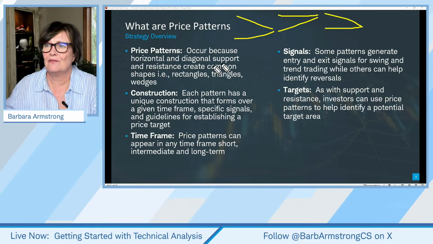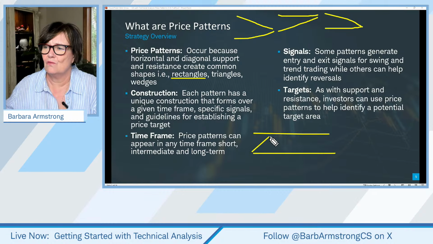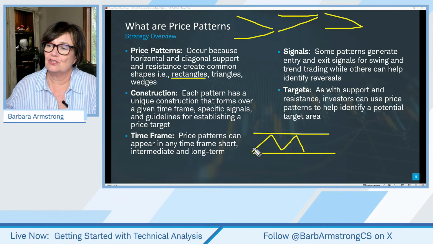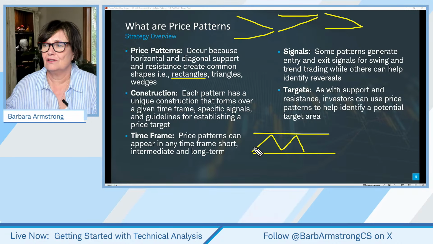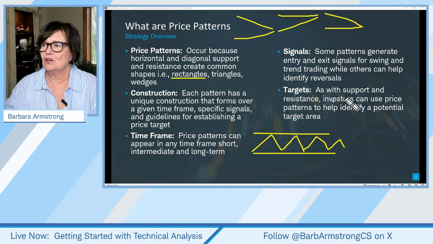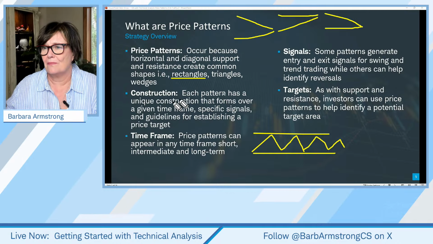So we talked about that in previous weeks, but today we're talking about rectangles, which I think of as kind of going a whole lot of nowhere. So something kind of trading within a range. Now, if it's trading within a range, it could be just going like this, but it could be creating a double top pattern or double bottom pattern, and we'll look at those as well.